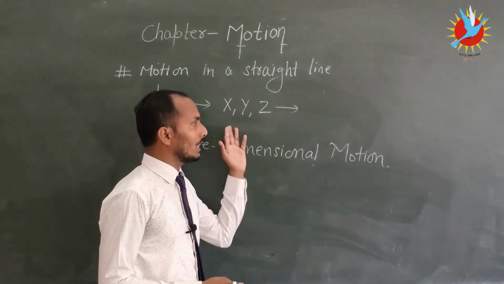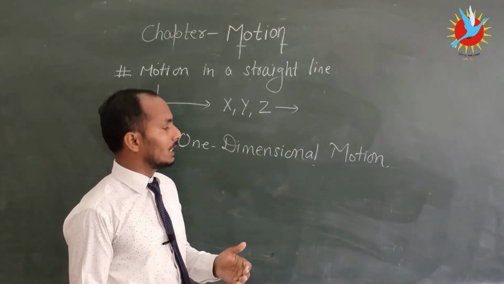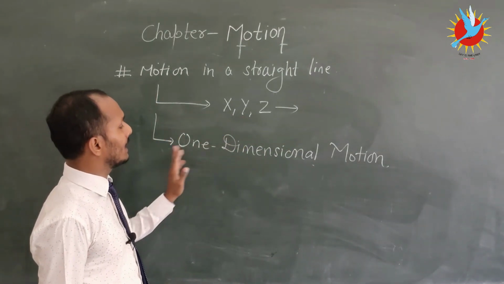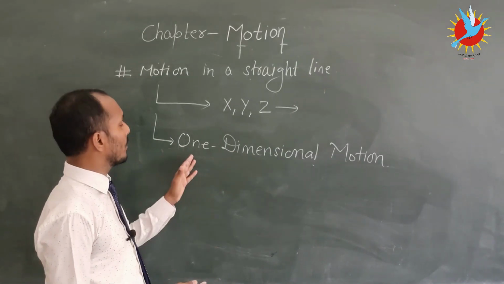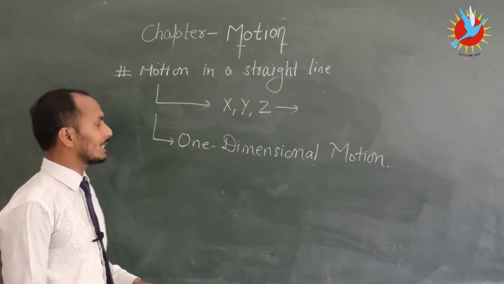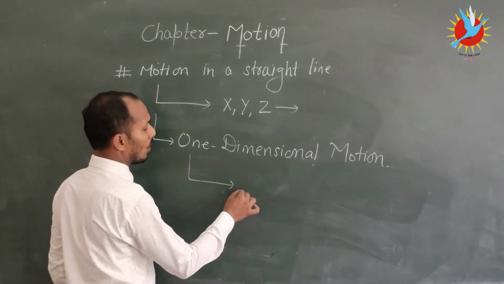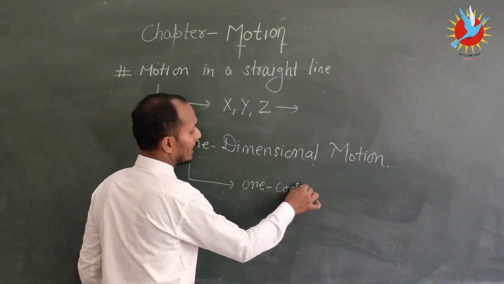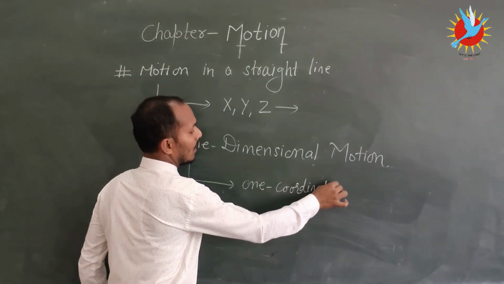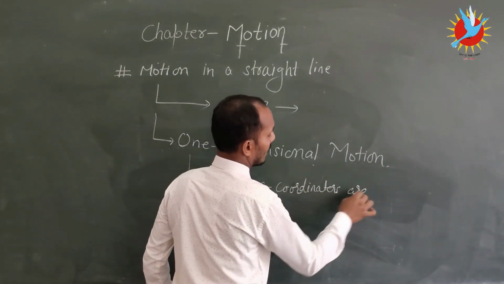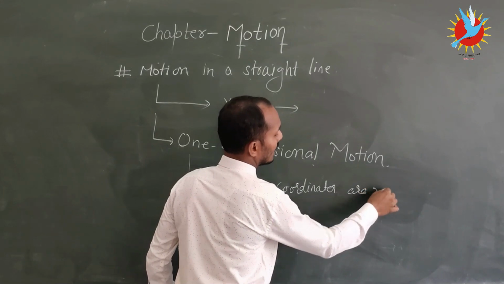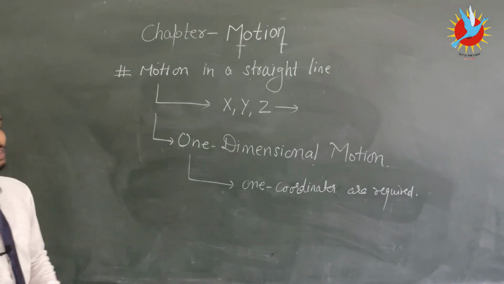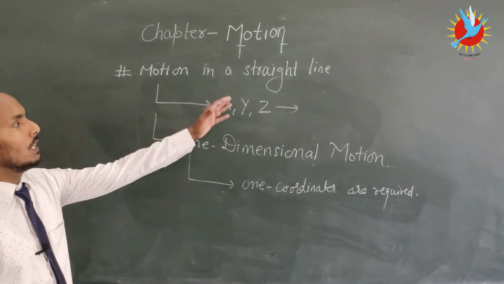When out of three coordinates only one coordinate changes and the other two remain the same, such a motion is said to be one dimensional motion. To describe one dimensional motion, only one coordinate is required.